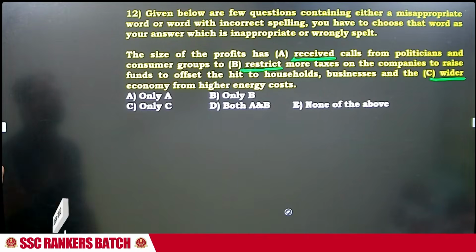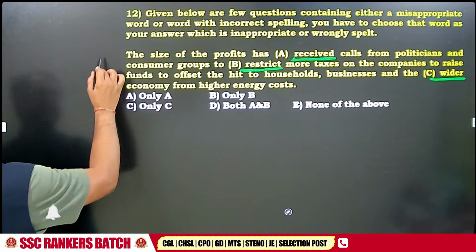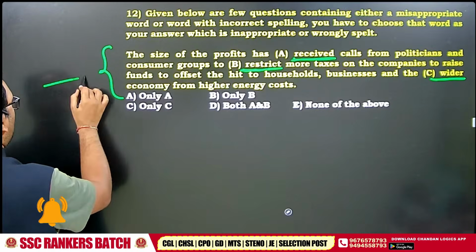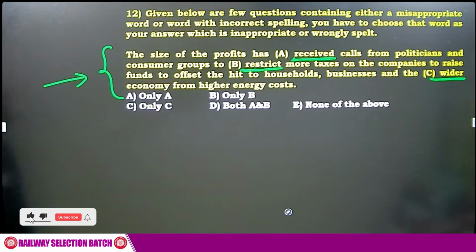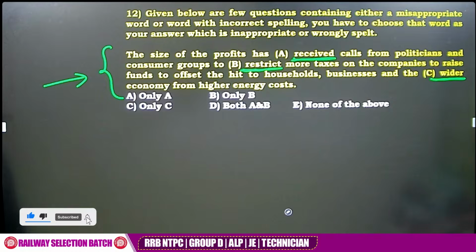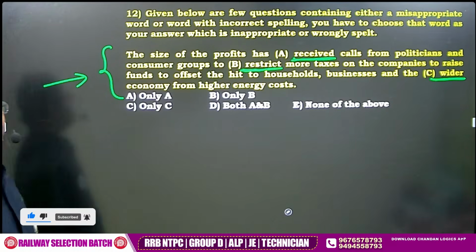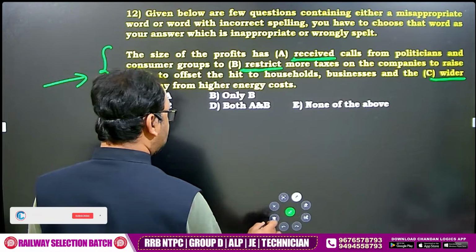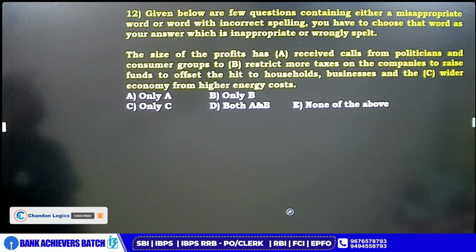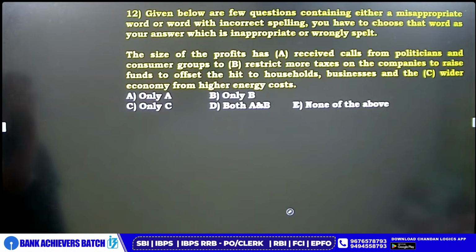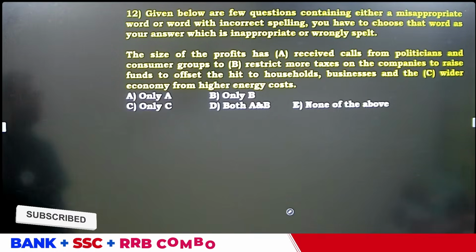Only when you understand the sentence properly, you will be able to find the answer. If you don't understand the sentence properly, things will not be easy. So please understand the sentence.